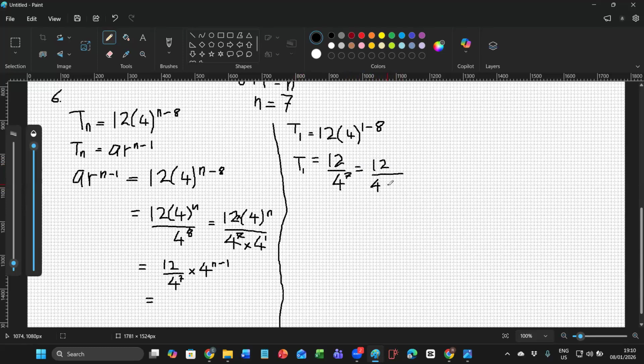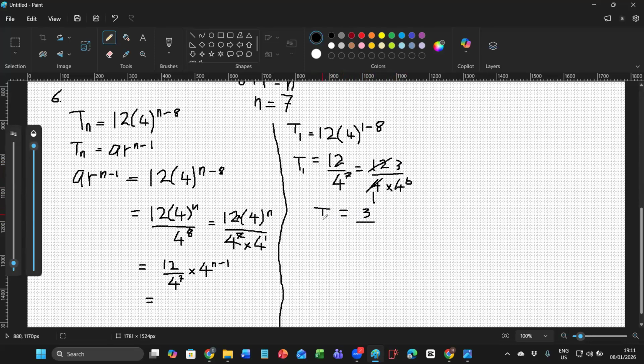Beneath here, I have 4 times 4 raised to power of 6. And so that will leave me with 4 here, 1, and 4 here, 3. So that would be 3 over 4 raised to power 6.